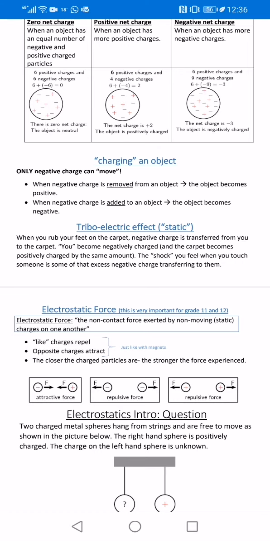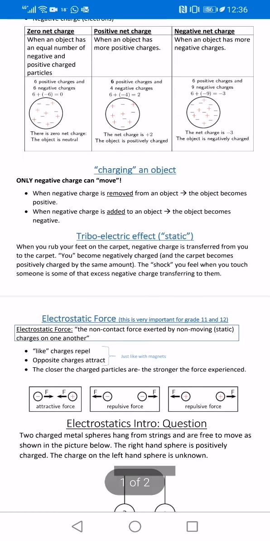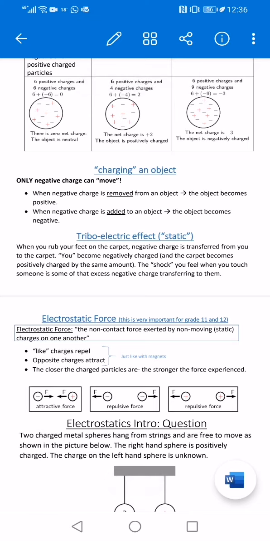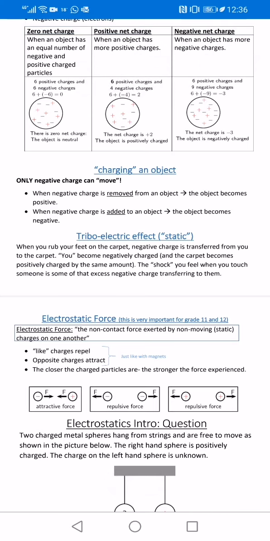I will edit the note on OneDrive and on WhatsApp before I send it to you. So if negative charge is transferred from you to the carpet, you've lost negative charge, so you become positively charged, and the carpet has gained negative charge, so it becomes negatively charged.